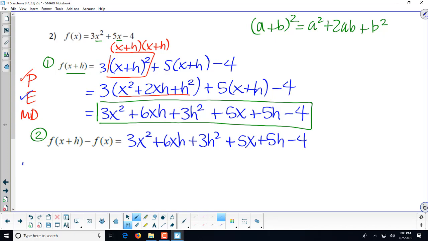Minus the original function. And then distribute.